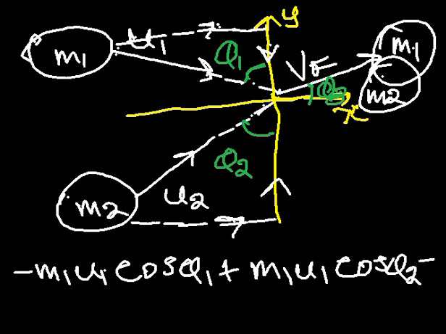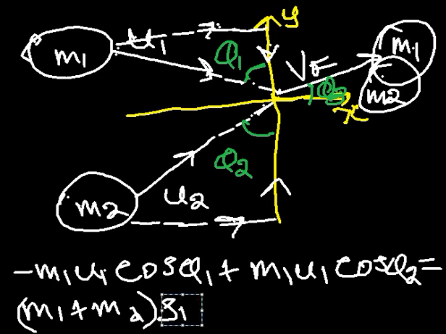Should be cos theta 2, which is equal to the final, given as m1 plus m2 in the terms. We'll have it as cos now, because the angles are against the x-axis. Also, the y component of the momentum is pointing upwards.